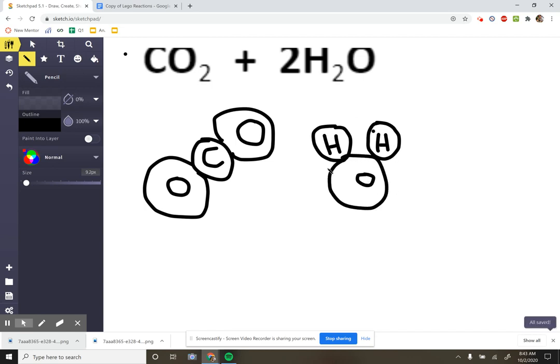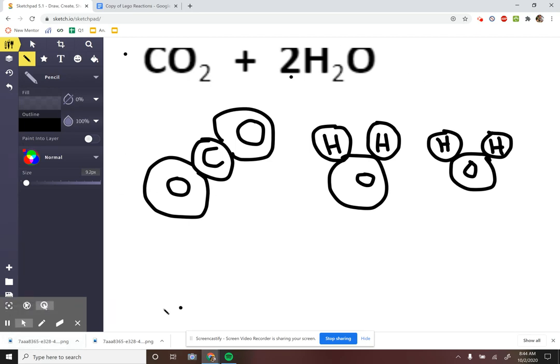All right, that's an H2O molecule, and I need to make 2 of them, so I'm going to make another one. All right, so I have my CO2 molecule, and I have 2 H2O molecules. And these are my products. These are my molecules after my chemical reaction happens, okay?